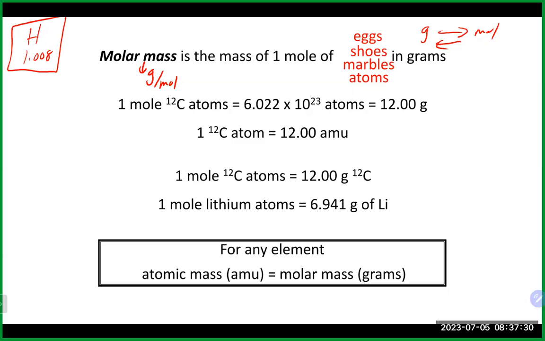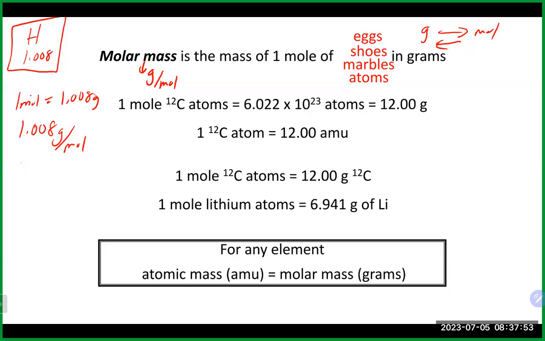So something like hydrogen, that means in 1 mole of hydrogen, there is 1.008 grams, or the molar mass of hydrogen is 1.008 grams per mole. Once again, 4 significant figures is where we take it from. We can use the molar mass, like I said, really as a conversion factor.